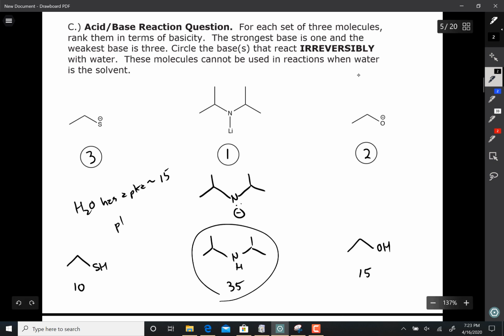So pKa's greater than or equal to 26, you need to circle. If you circle a pKa of 25, that's okay. It's all good. But you definitely need to circle everything with a pKa, or I should say conjugate pKa, of 26 and higher, because those will react irreversibly with water.